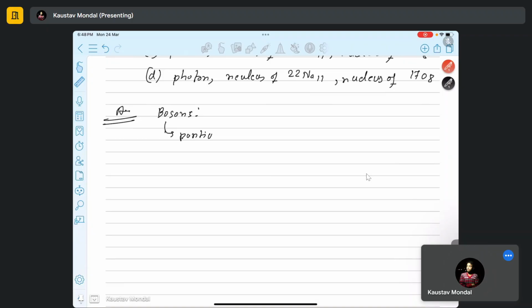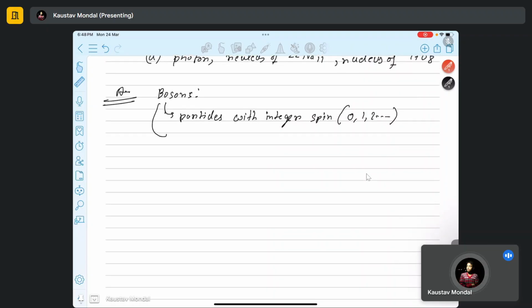Particles with integer spin, that is 0, 1, 2. These are not fermions, which have spin plus half, 3/2, 5/2.